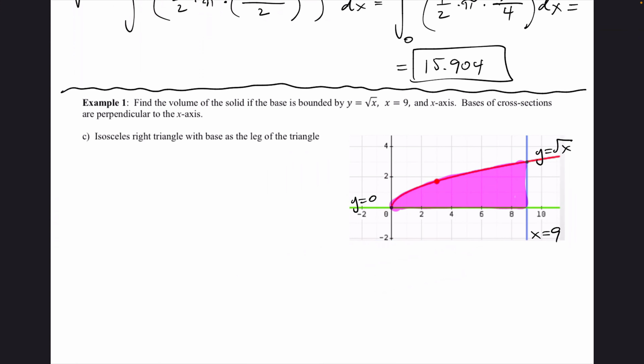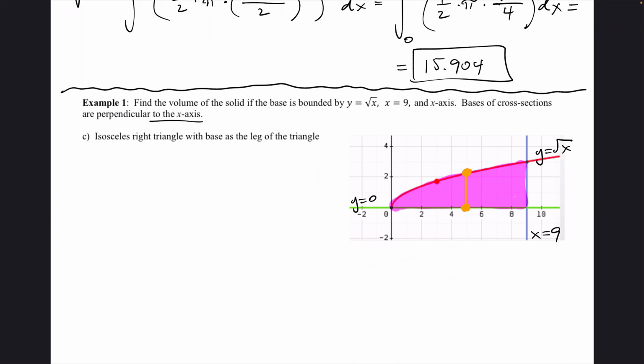So this one's still perpendicular to the x. So that means whatever shape I have is still going to extend the same distance, red to green. This one's an isosceles right triangle with the base as the leg of the triangle.